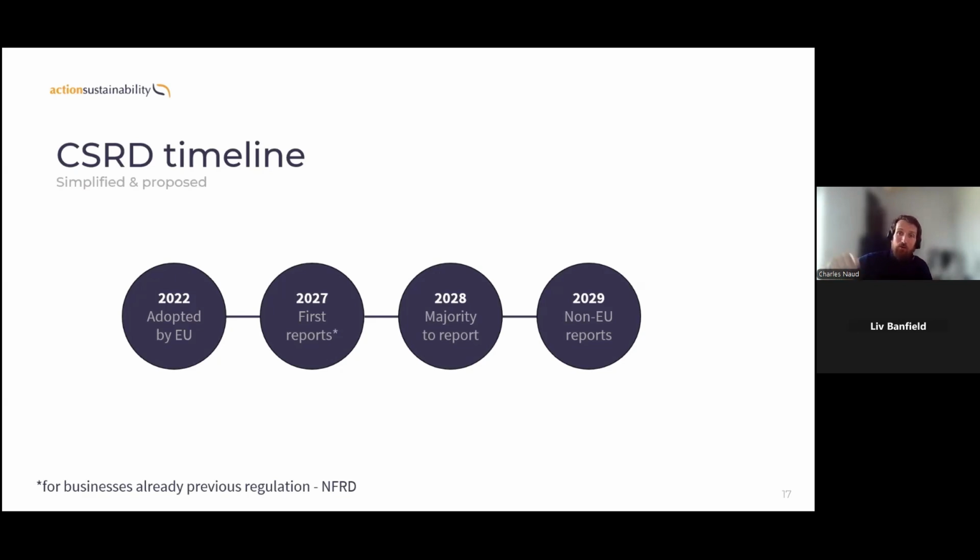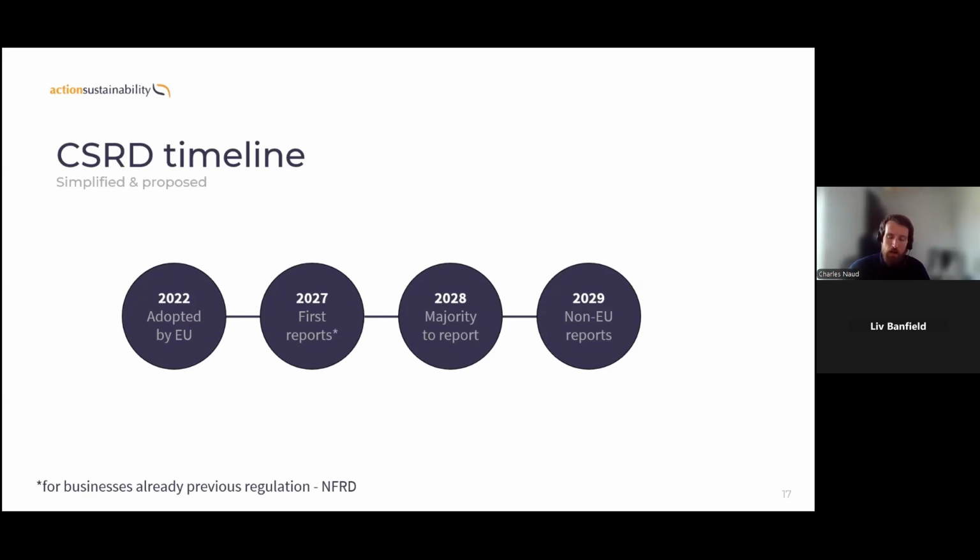And essentially, organizations that are subject to NFRD today, in 2027, they'll need to submit their first CSRD reports. They won't need to submit NFRD reports anymore. Now, that only applies to businesses that today already need to report to NFRD.